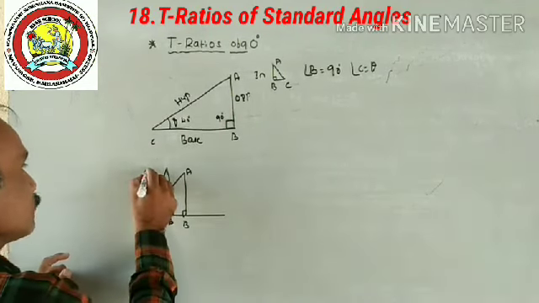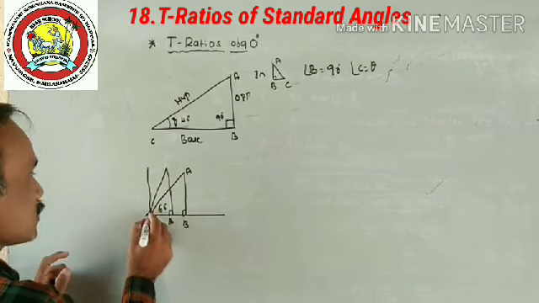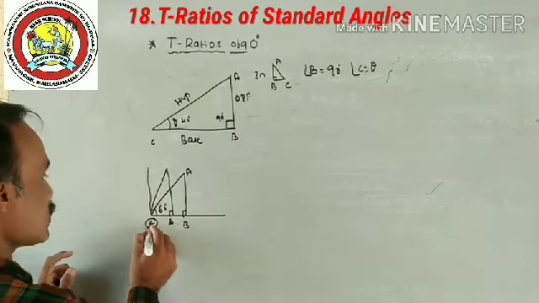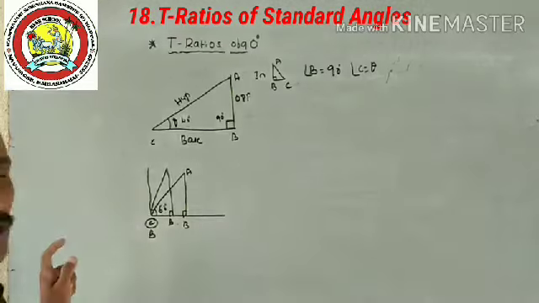Then finally, if C is equal to 90 degree, then what happens? B coincides with C. This is very important.